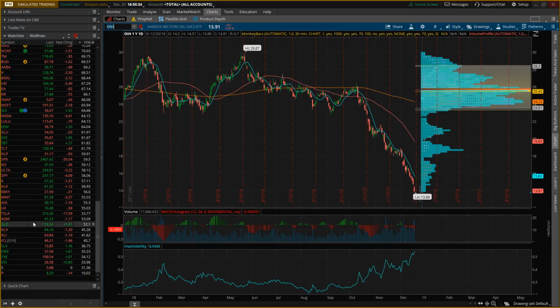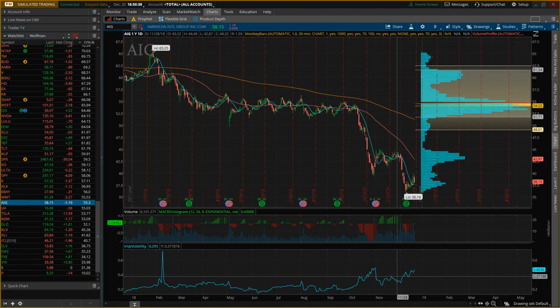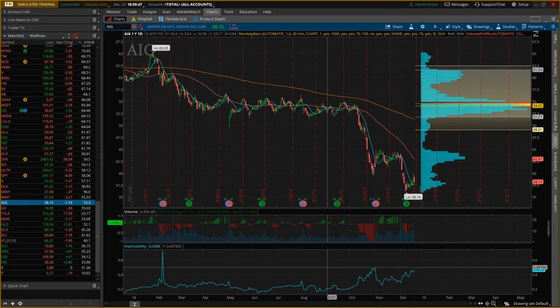If we take something like AIG, for instance, the current is 46 minus the low here of 13, so we have 33 in the numerator, right? 46 minus 13 is 33. Divide that by the high minus the low, which is 73 minus 13, 60. So we have 33 over 60.